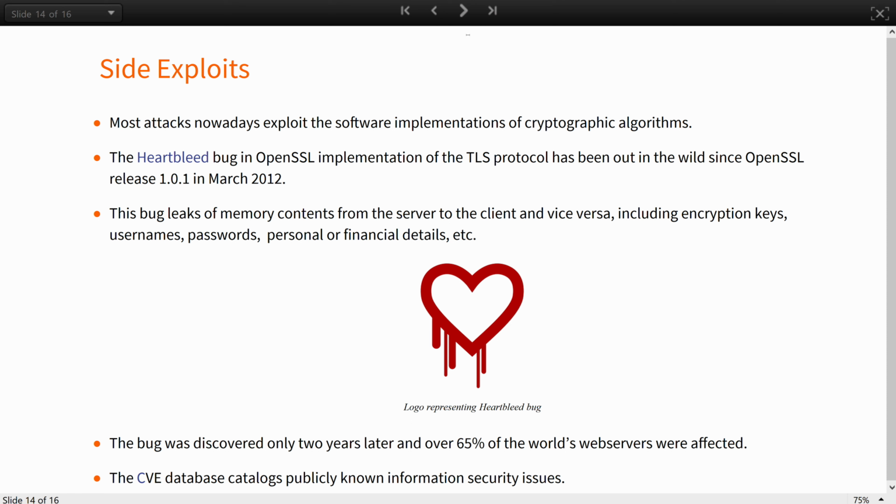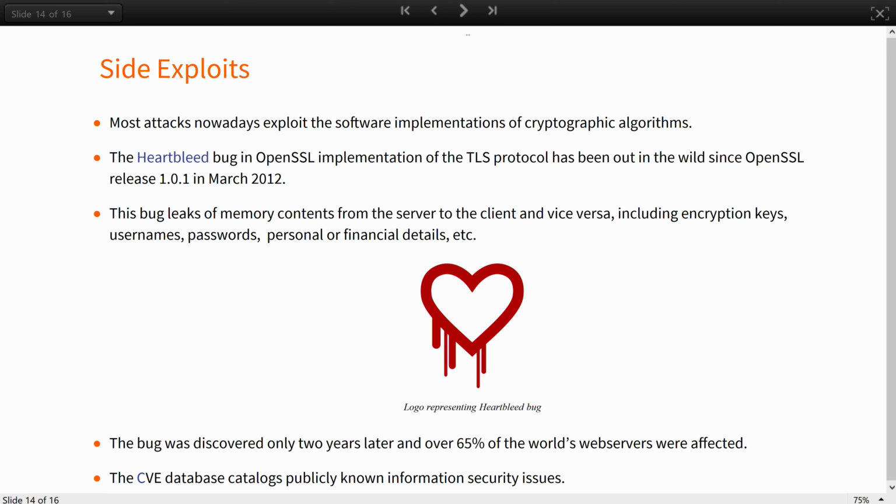Most current information systems utilize software implementations of cryptographic algorithms, and software is written by humans and is inherently prone to logical errors and other bugs. One of the most infamous examples is the Heartbleed bug in the OpenSSL implementation of Transport Layer Security.